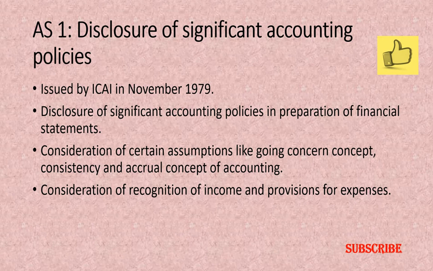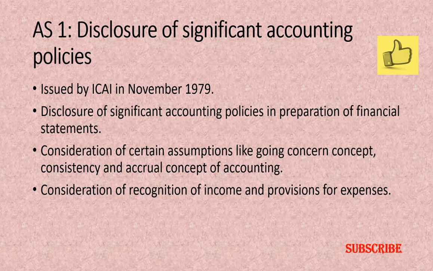Here, going concern concept: the shareholders may come or may go, but the cooperative society goes on forever. So, in other words, the shareholders are separately treated from the cooperative society organization. In other words, there is the implication of the separate legal entity concept, then consistency and accrual.